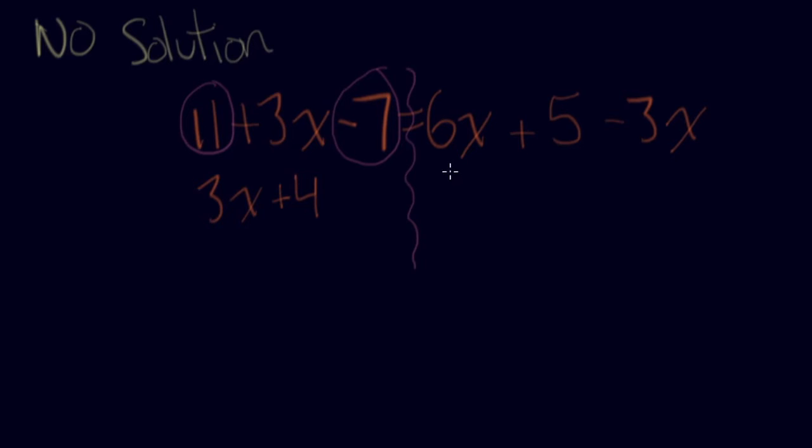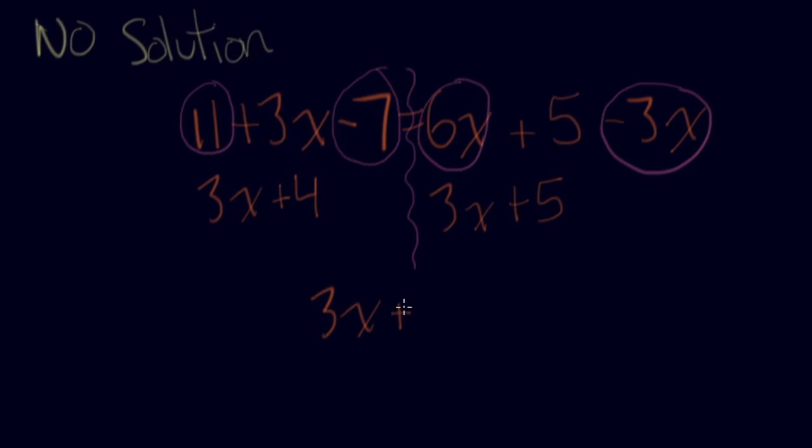And on this side, I'm going to combine my 6x and my negative 3x. And this is going to give me 3x plus 5. So after doing that, this is the statement that I would have. 3x plus 4 is equal to 3x plus 5.